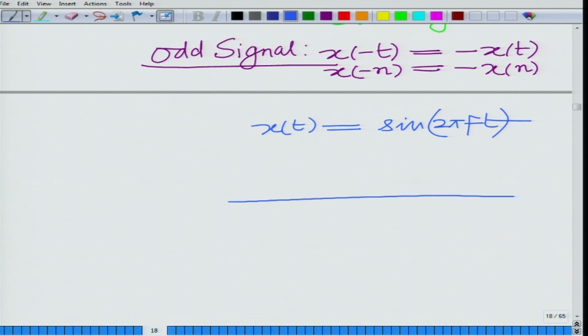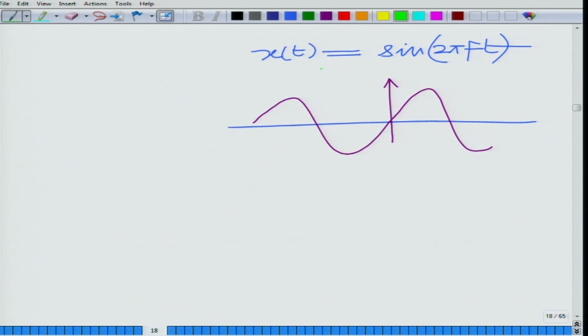For instance, you can see here, this is the sine signal, sine of 2 pi f t, and you can see that basically this is an odd signal.